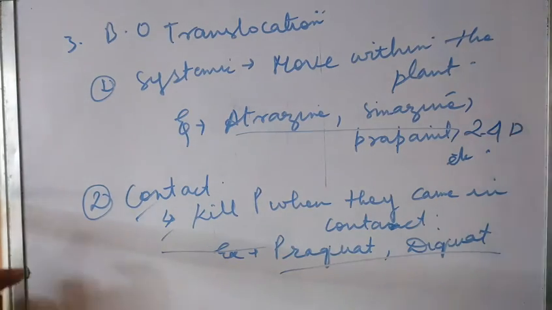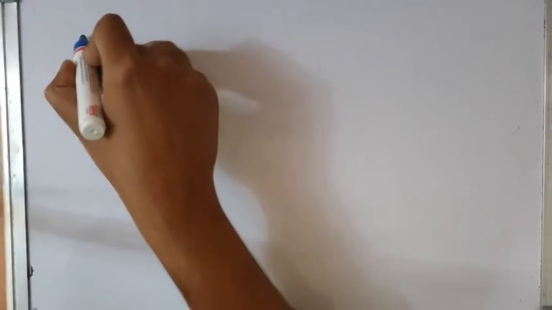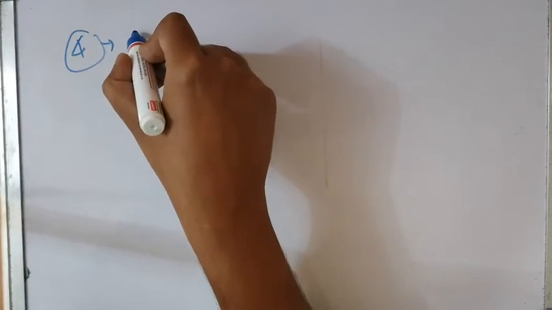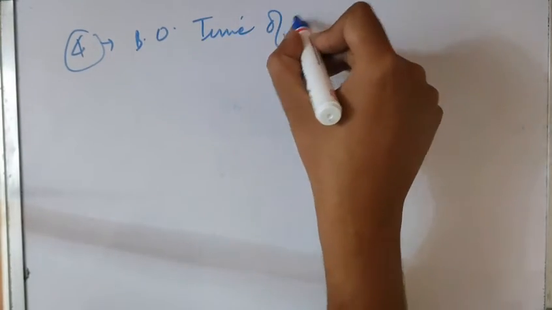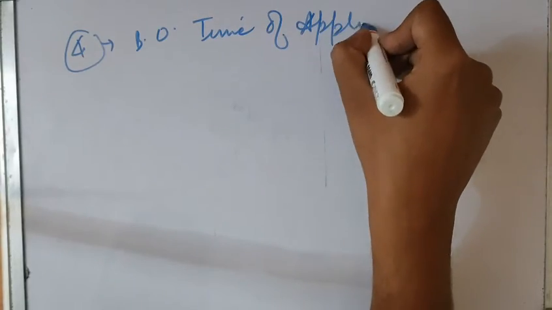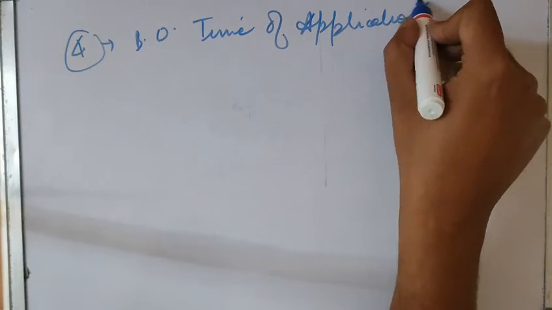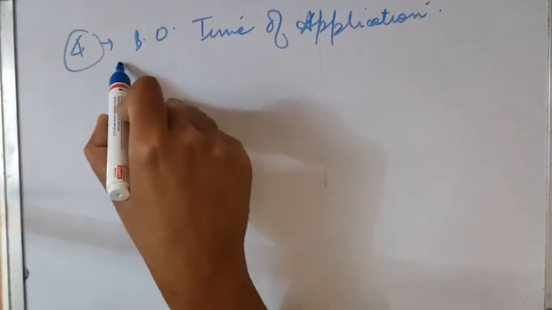Now moving on to time of application. Based on time of application, this is the fourth criterion, or criterion D, when we apply those herbicides.